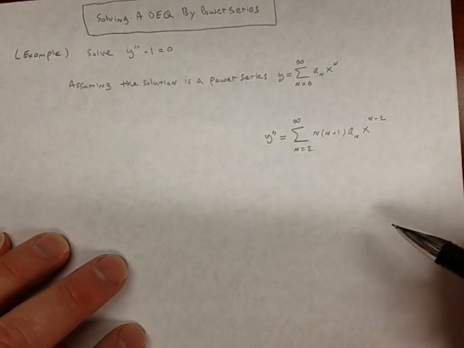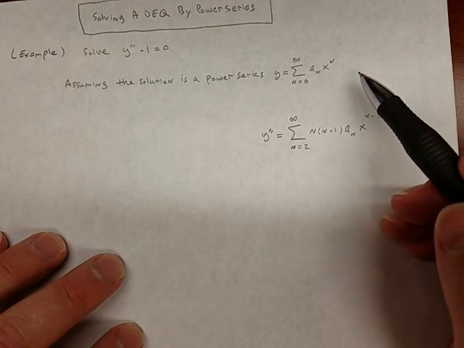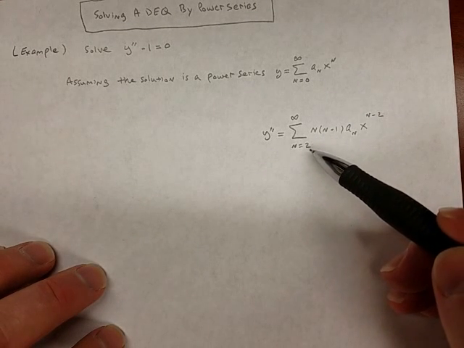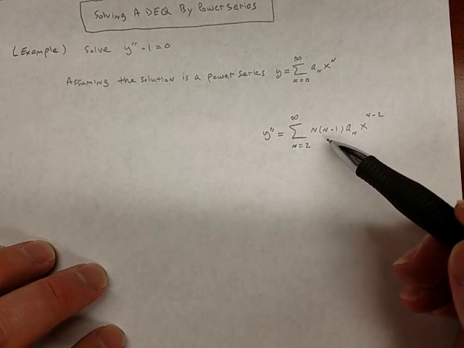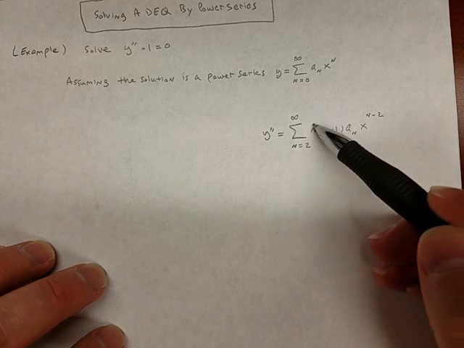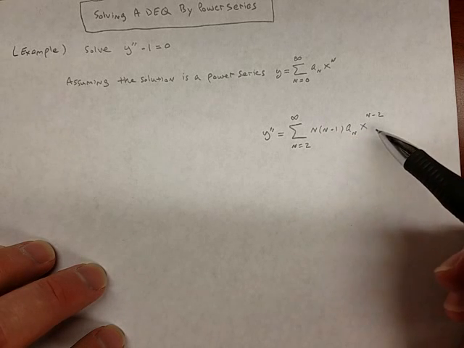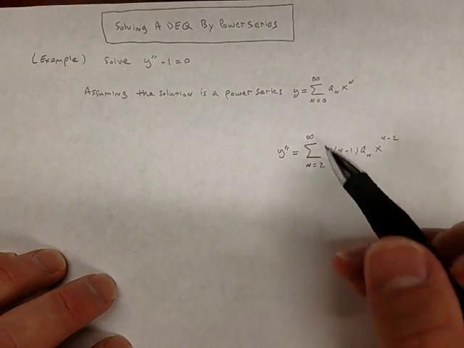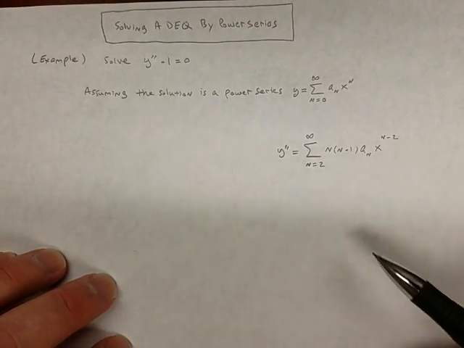You can write that out if you want to, differentiating term by term. You'll get this series. It will start at n = 2, with n times n minus 1 times a_n for your coefficient, and then x to the n minus 2 power. All right, I needed that in order to start working this out.